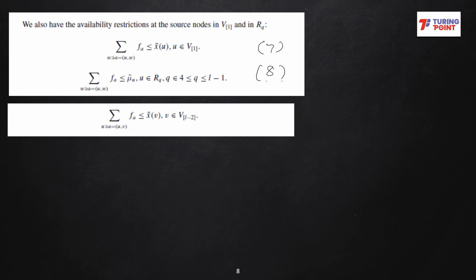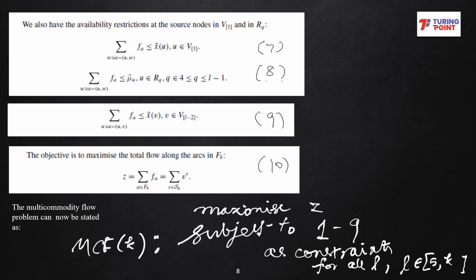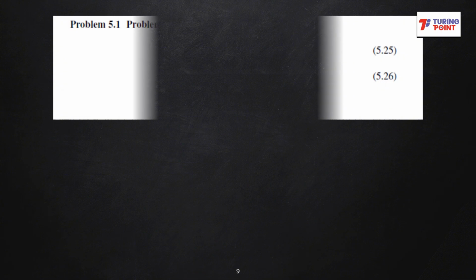The objective in the problem MCFK is to maximize the total flow along arcs in F, K, equivalently, the sum of commodity flows, Vs, for S in S, suffix K. Thus, we have explained the multicommodity flow problem, MCF, K, as stated in the book as problem 5.1.